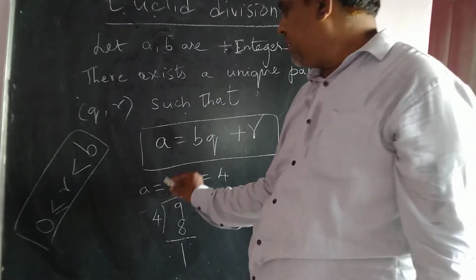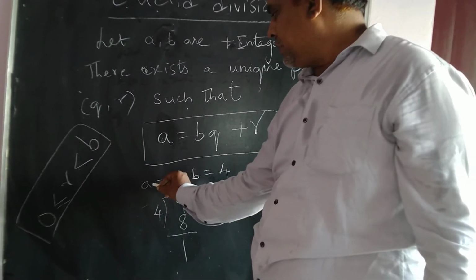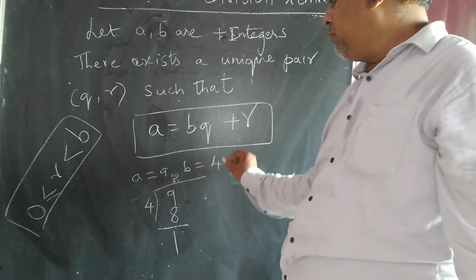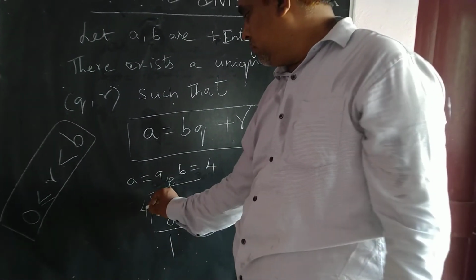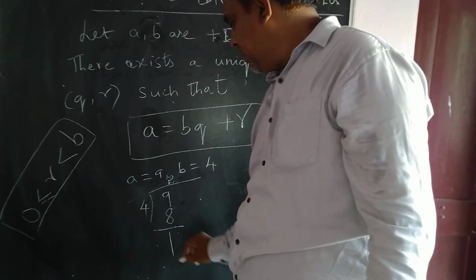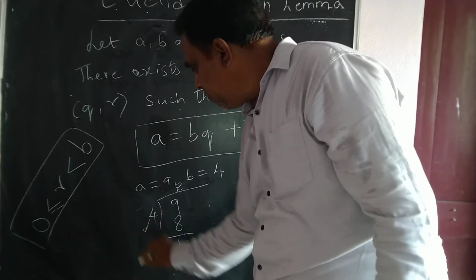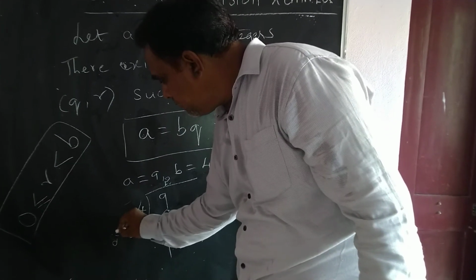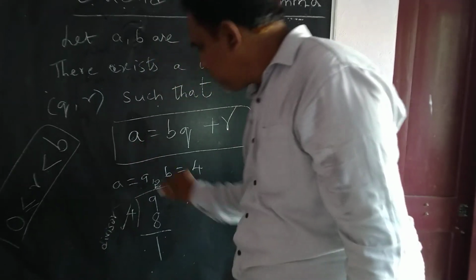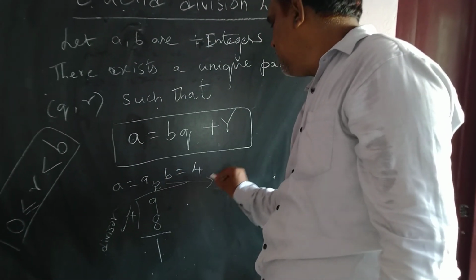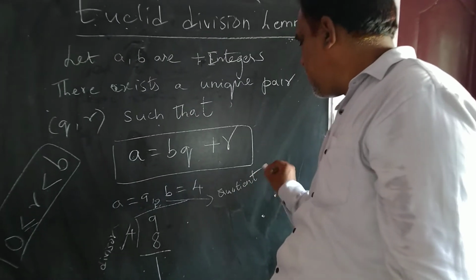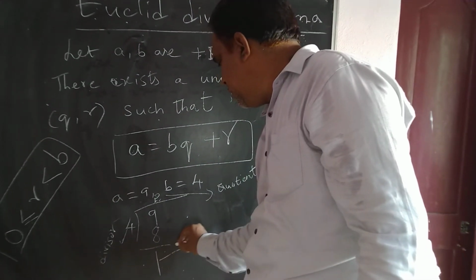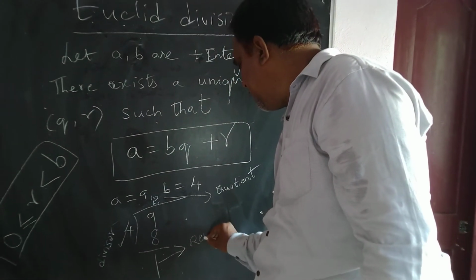So we are taking A equal to 9, B equal to 4. We are dividing 9 with 4. 4 twos are 8, remainder 1, where 4 is called the divisor, 2 is called the quotient, and 1 is called the remainder.